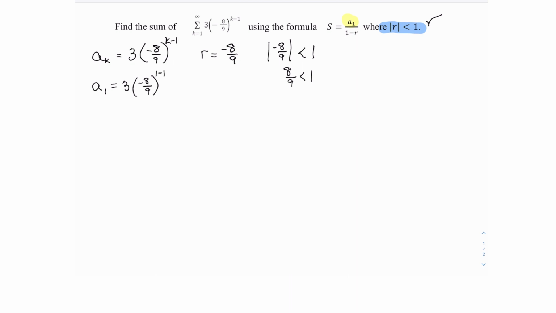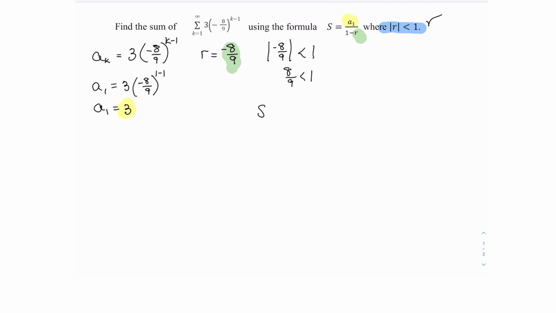Well, 1 minus 1 is 0, and any non-zero number to the 0 power is 1. So a sub 1 is equal to 3 times 1, which is 3. That's our a sub 1 value. And then we also need our common ratio r, which again is -8/9.